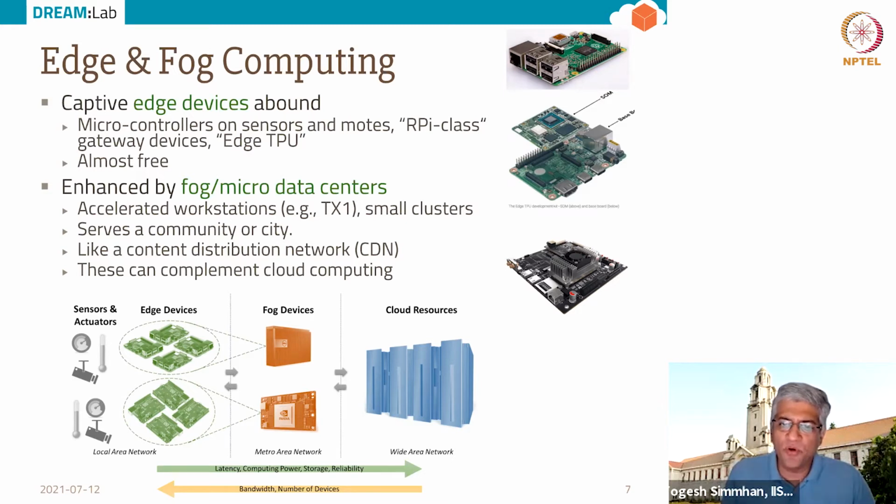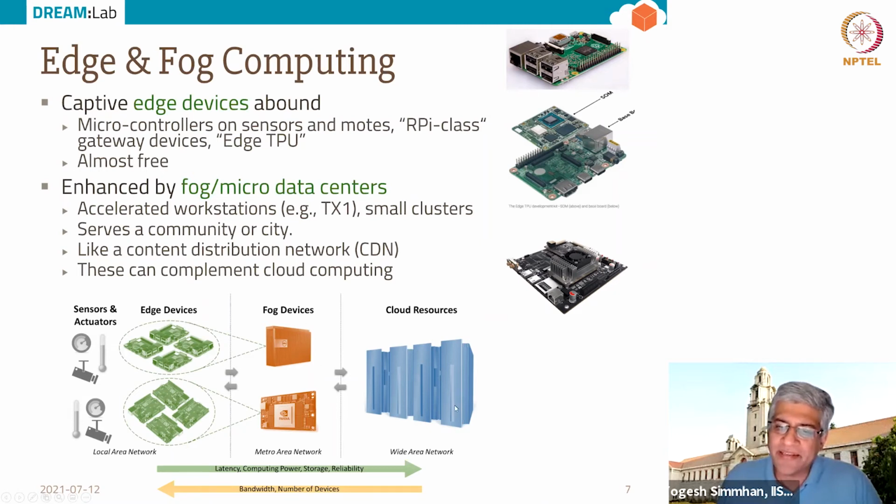You might have higher end computers like workstation level computers, or a small cluster of these workstations, or even low end GPUs present at the city level. You might have one or a few per city, or even one per neighborhood. And they could offload some of the computing, storage or analytics aspects that cannot be achieved at the edge.